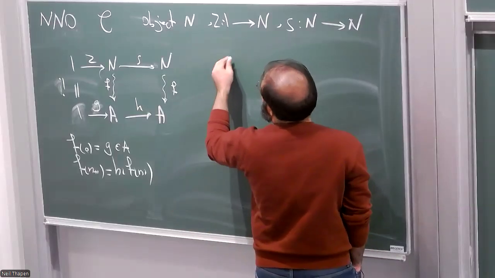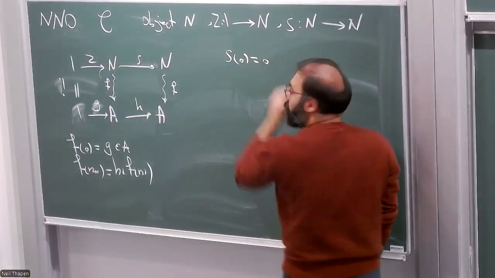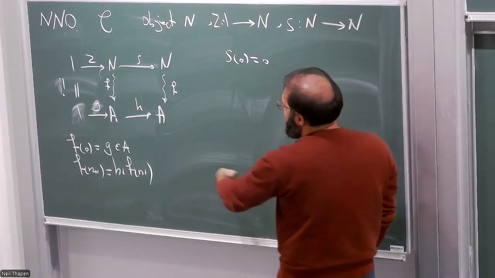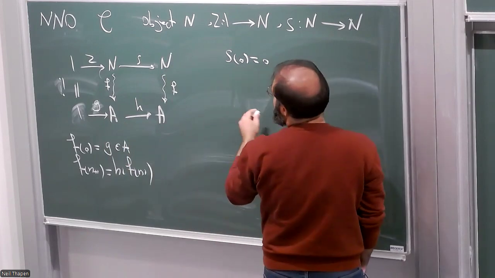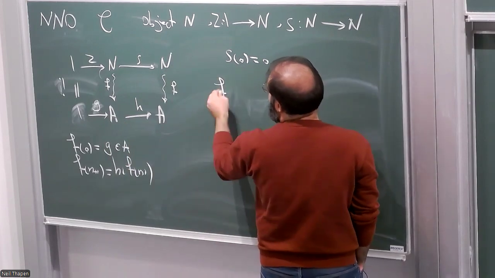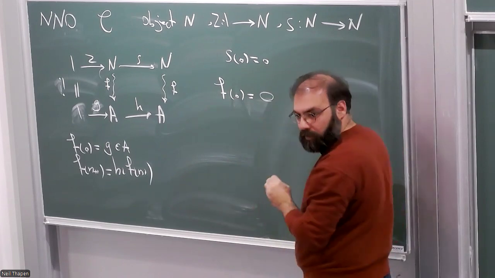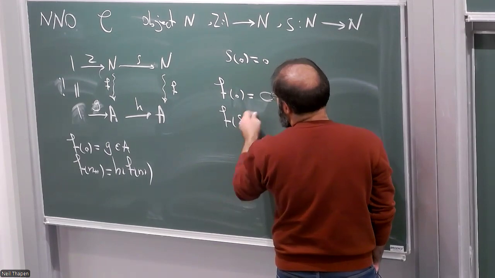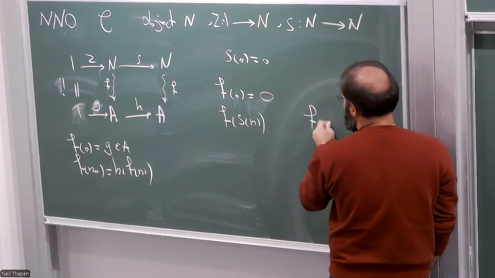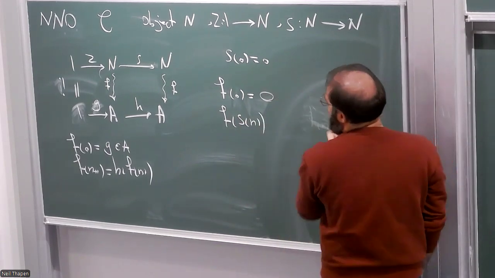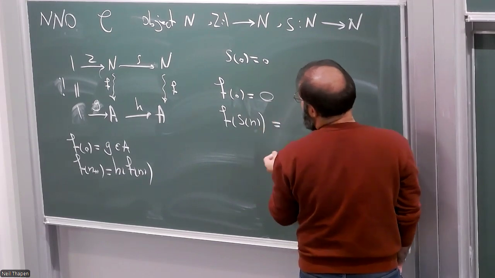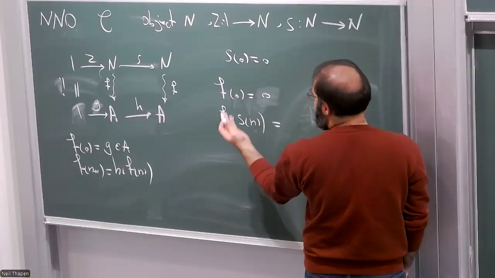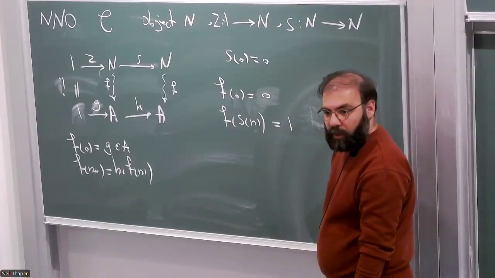So let's say that S of 0, for instance, is 0, right? Then I have a problem. What is my problem? The problem is that this construction simply says that you can define f of 0 as anything, and f of successor of n in terms of f of n, and probably I can then define f of successor of f of 0 as 0, for instance, always, and f of successor of everything as 1, right?